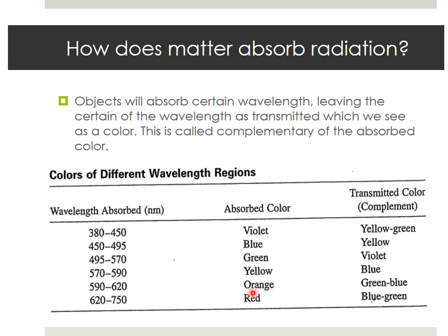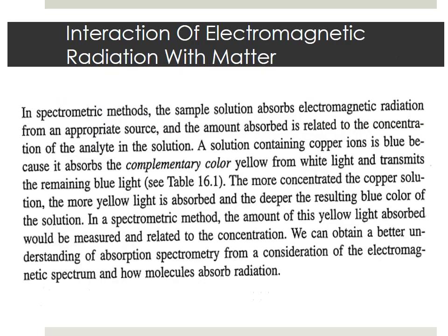And for orange absorbed color, the complementary color is green blue, and for red it is blue green. So this is how electromagnetic radiation is absorbed by matter, and the color which we see of the objects is of the transmitted light.